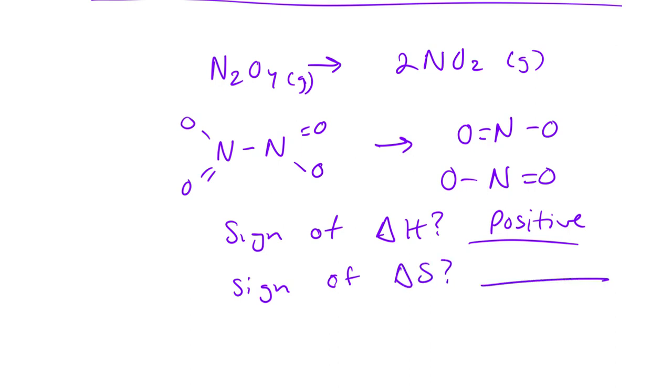Positive or negative? Entropy increasing or decreasing? Yeah, so we go from 1 molecule to 2 molecules. Whenever that happens, and everything's in the gas phase, we see an increase in entropy. So this is positive.